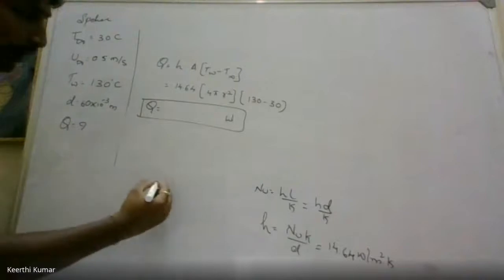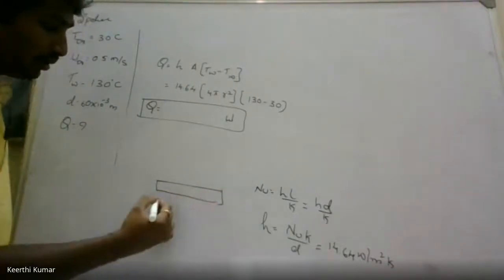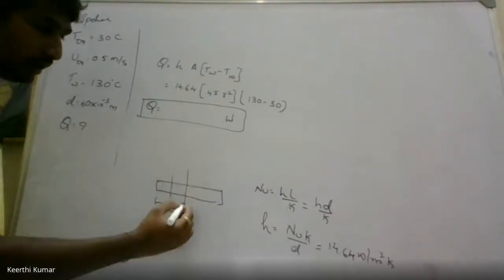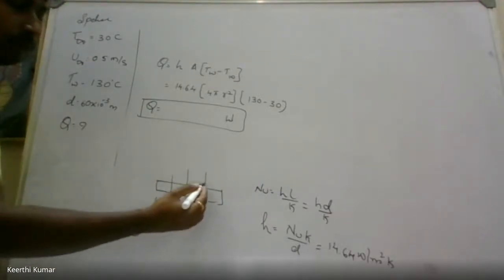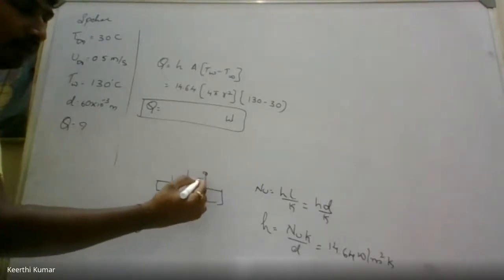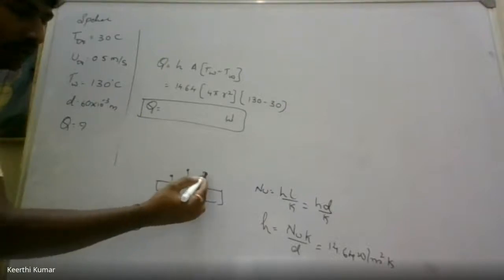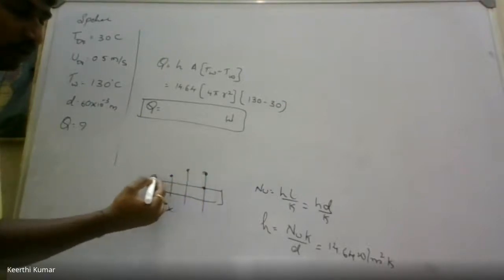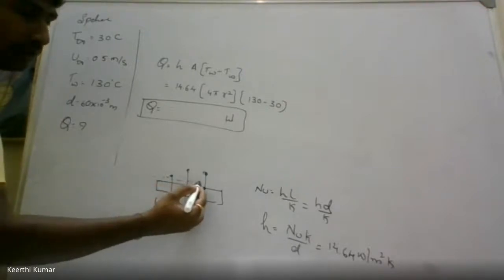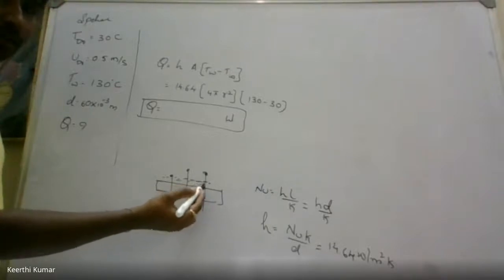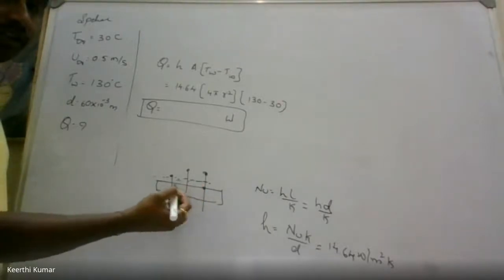Here we have to substitute the hx value directly. In the plate, the value of h was different at different positions along the x direction, so we should not substitute h locally. We converted all those into an average, which becomes 2 into hx in laminar flow, and in turbulent flow it is 1 by 0.8 into hx.